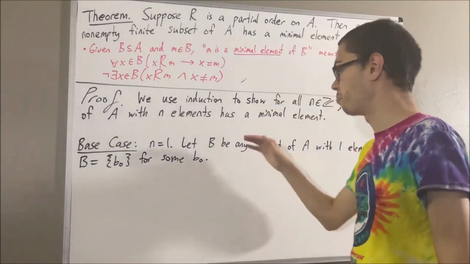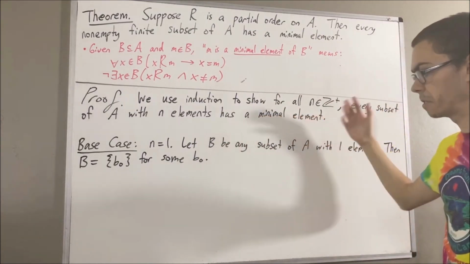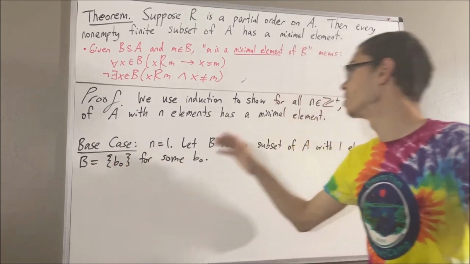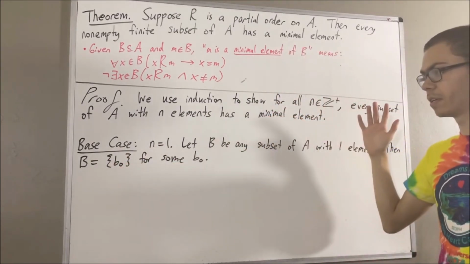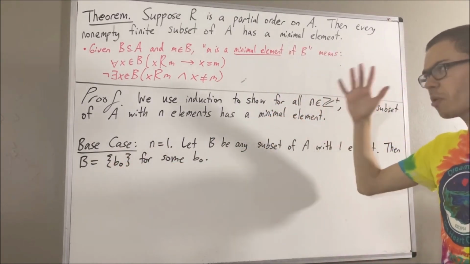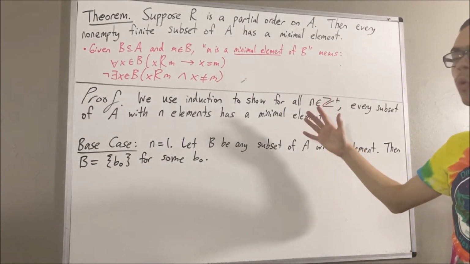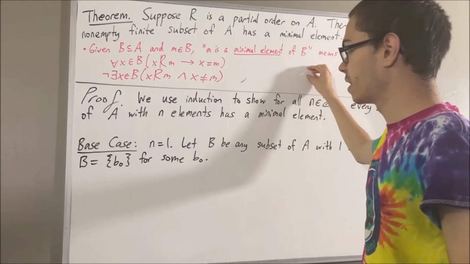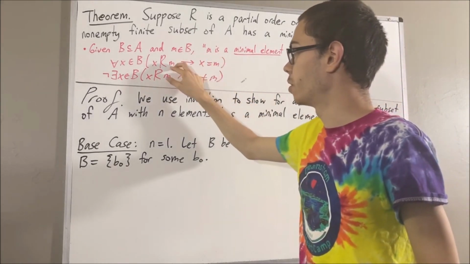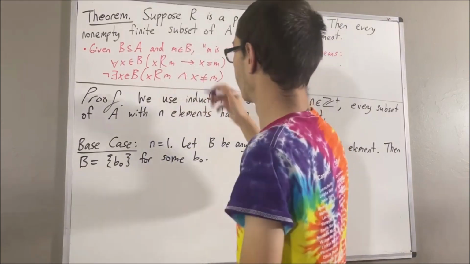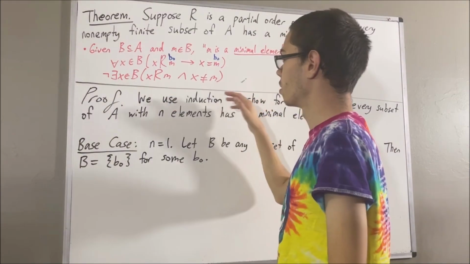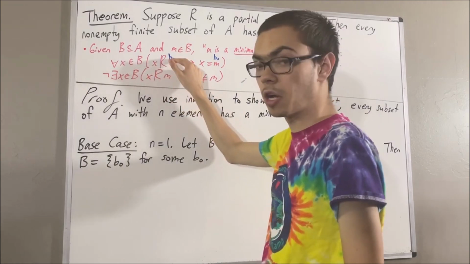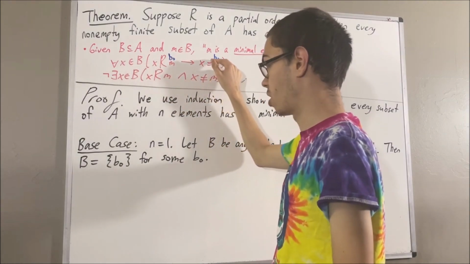Now we want to show that B has a minimal element. Well, since b naught is the only element of B, it makes sense to show that b naught is a minimal element of B. And to show that b naught is a minimal element of B, what does that mean? Well, by our definition, it means we replace M with b naught. So really, we want to show for all X in B, if X R b naught, then X is equal to b naught.